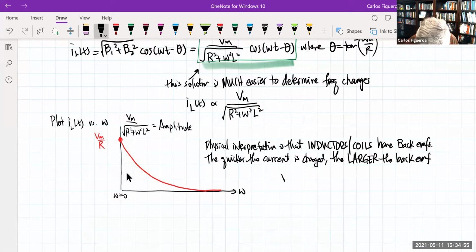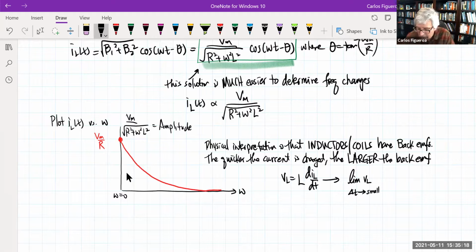And this is no surprise here because of the way we've written it. Or we could take the limit, right? So this is really my time here. And you could see here is the limit of VL as delta T gets really small, right?